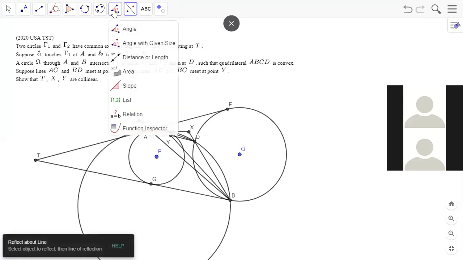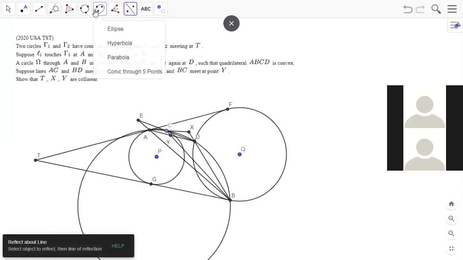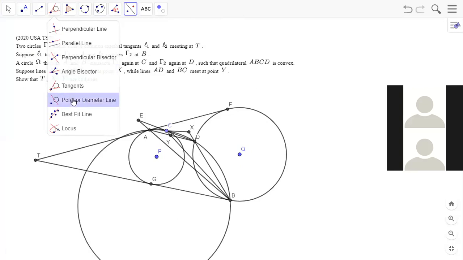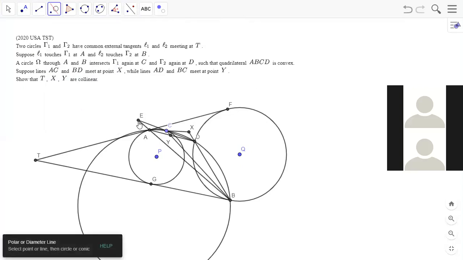Let's draw the polar, see what that looks like. I mean, obviously it's just a line, the line TXY.